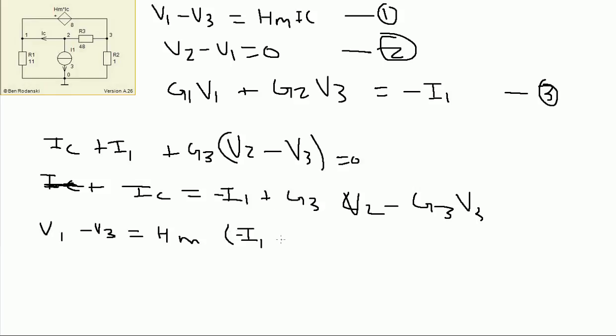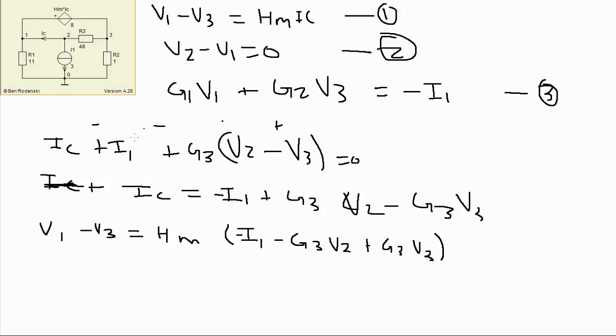Minus I1 plus, what was it? Minus G3 V2 plus G3 V3. That's my fault because that's meant to be a minus, and then minus times that is minus, and minus times that is plus. Am I wrong? Yeah, I'm correct.